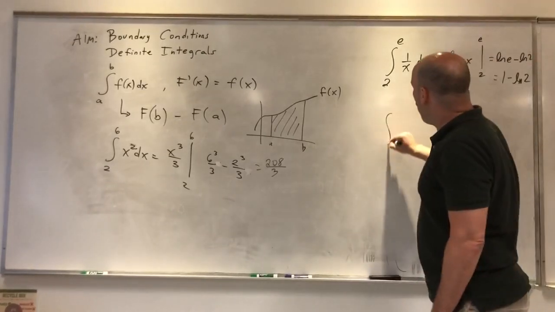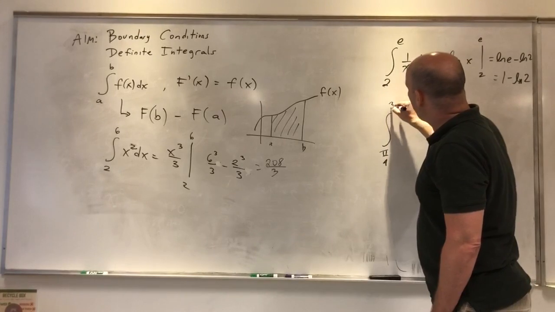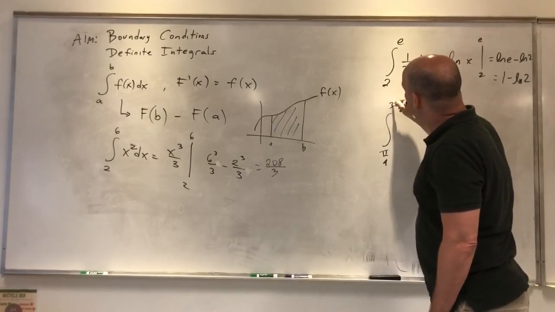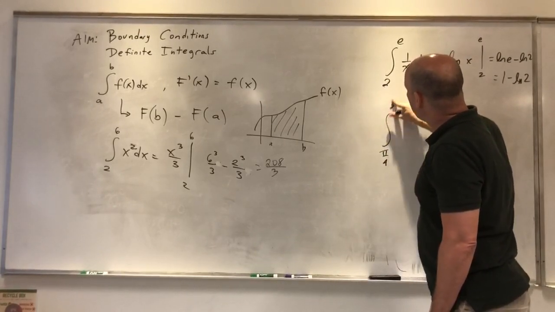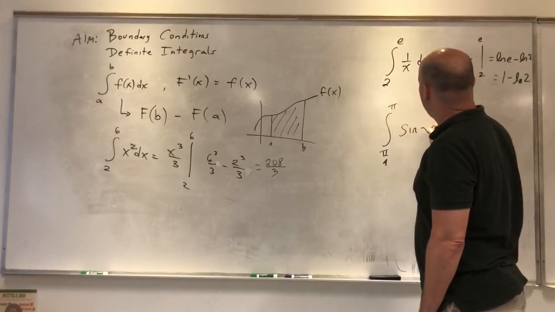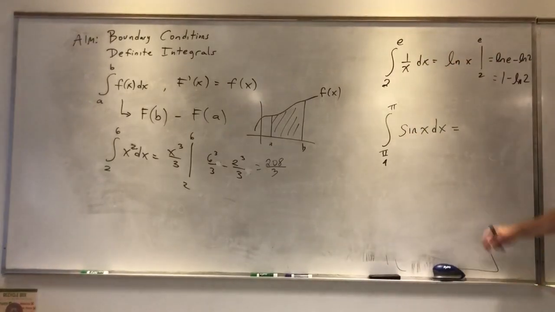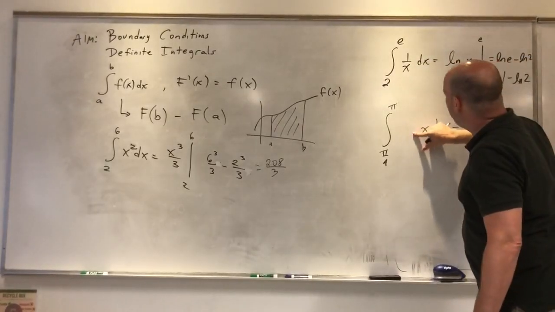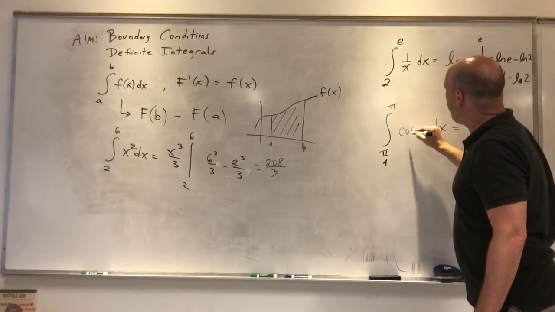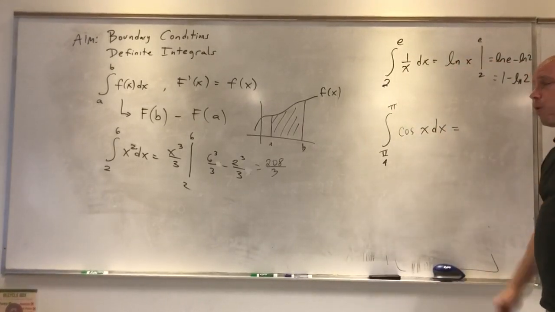Let's try another one. How about the integral from pi over 4 to pi of, well, let's make it cosine of x dx, because I'm not in the mood for negatives right now. What's the integral of cosine?